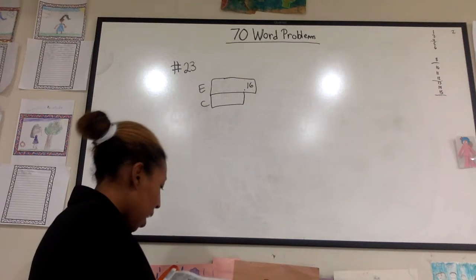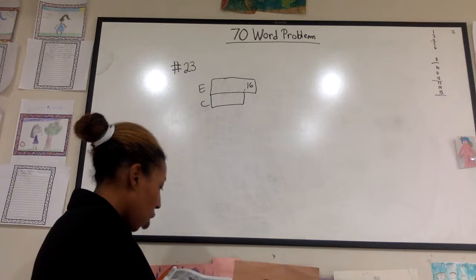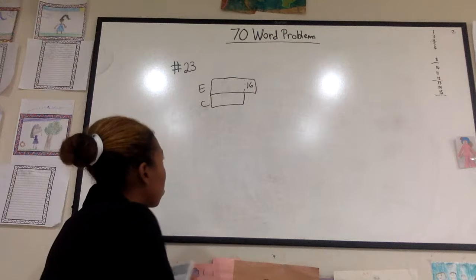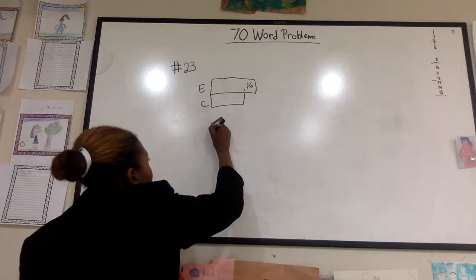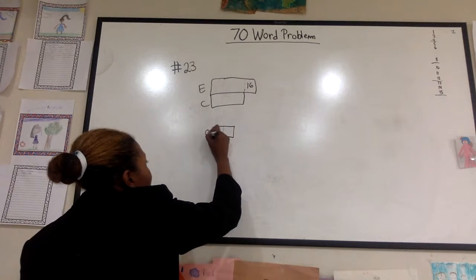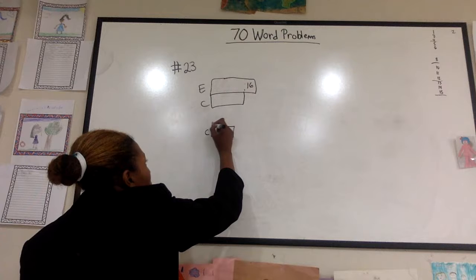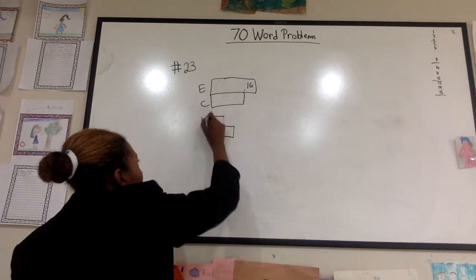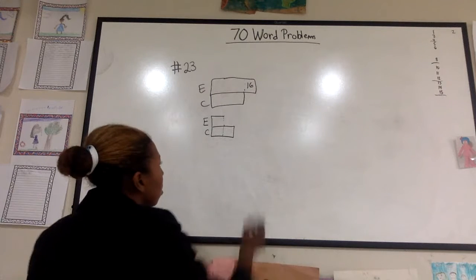Next thing says, 1/2 of Carson's stamps are equal to 1/4 of Eduardo's stamps. So I'm going to redraw it now. I have Carson's stamps. 1/2 of his stamps are equal to 1/4 of Eduardo's.